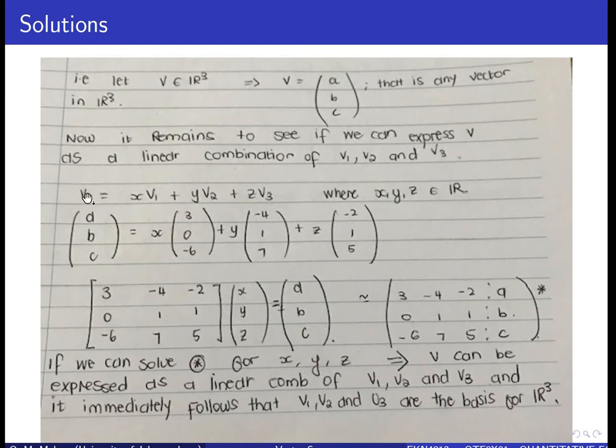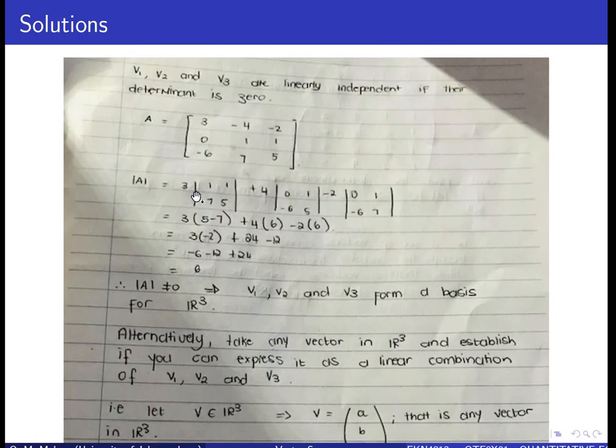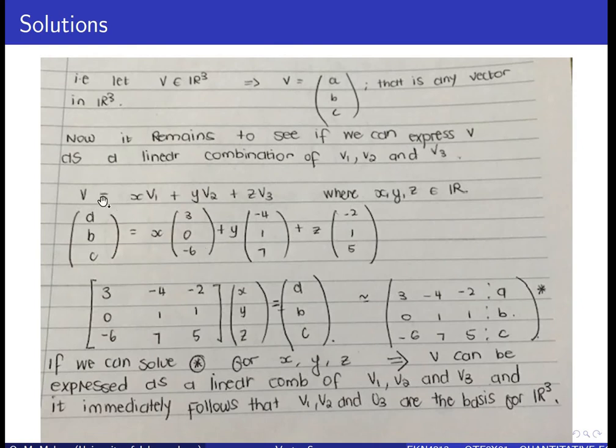To express it as a linear combination, I just say V is equal to X V1 plus Y V2 plus Z V3, where X, Y, Z are scalars. My task here will be to find X, Y, Z. If I can find such X, Y, Z, it means that I can express V as a linear combination of V1, V2, V3. I will have to solve for X, Y, Z using matrix methods.